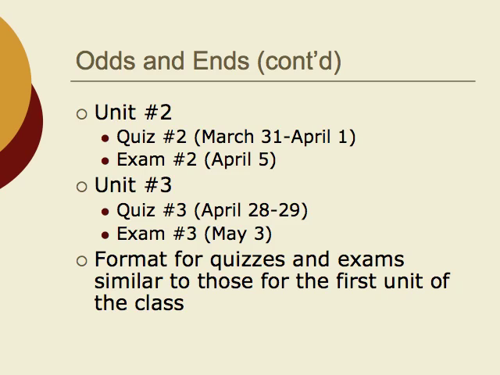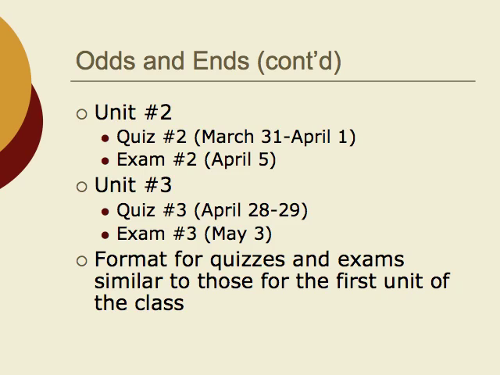Here's some information about the assessments for the second unit for the class. Spring break is the week of the 21st, so it's going to be the week after that that you'll have the second quiz. This is the 31st of March and the 1st of April, quiz number 2.